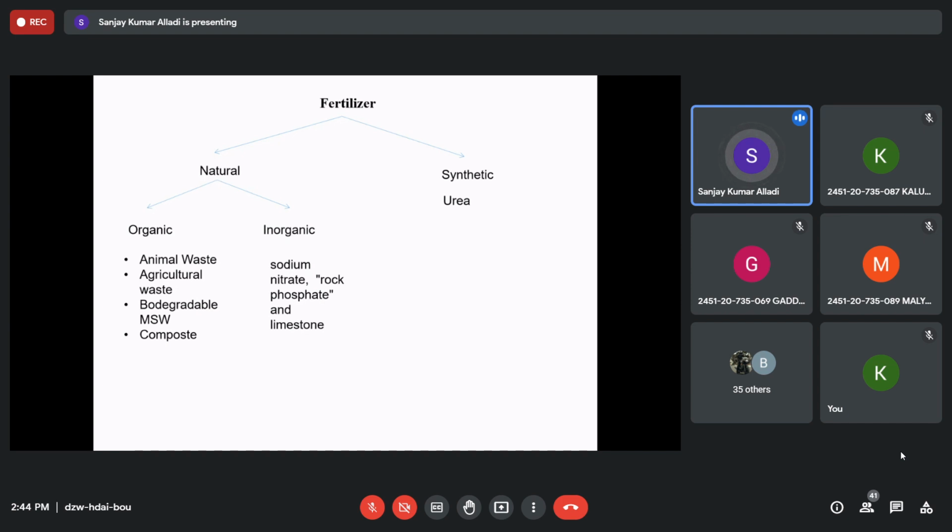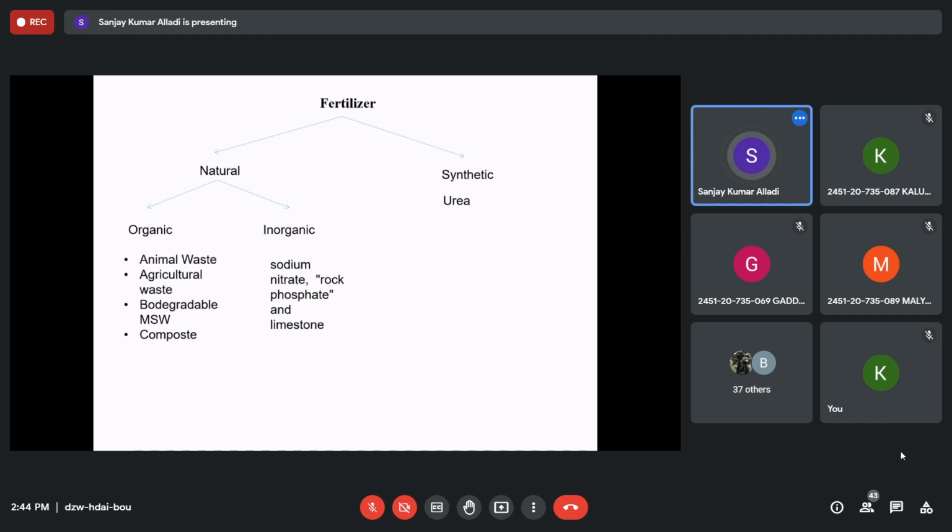And similarly, pesticide, we will come back to the pesticide topic. What are pesticides? Can anyone tell this answer? Pesticides are nothing but the chemicals or substances or compounds which are used to control or kill the pest, right? What are pests now?